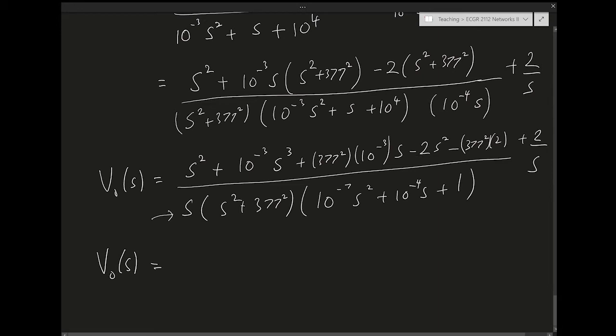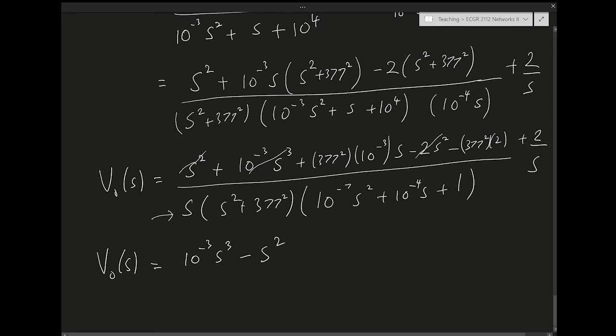So I have minus 2 s squared plus s squared, so this is going to become minus s squared. And then I have one s cubed term, so it's going to be 10 to the power minus 3 s to the power 3 minus s squared.